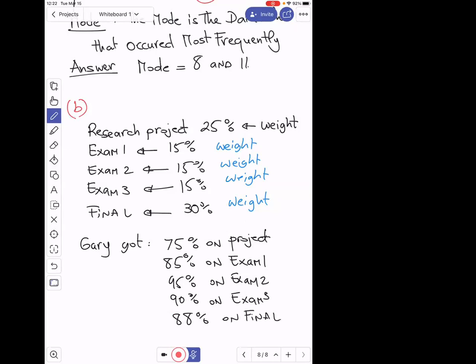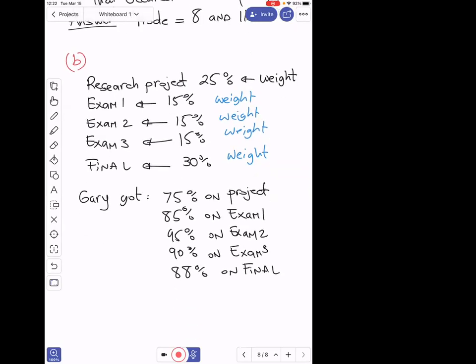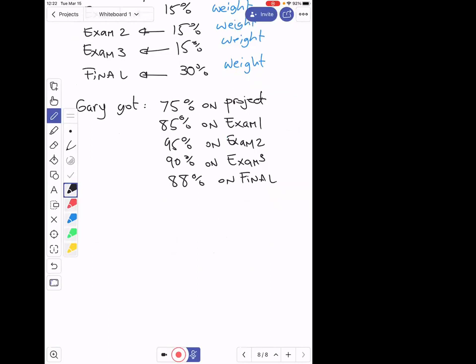Okay, so that's Gary's scores. We need to compute Gary's final grade, or his weighted average.